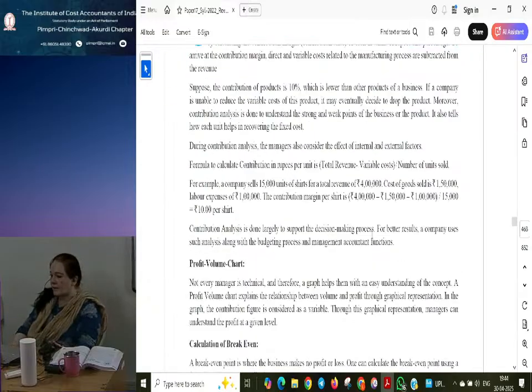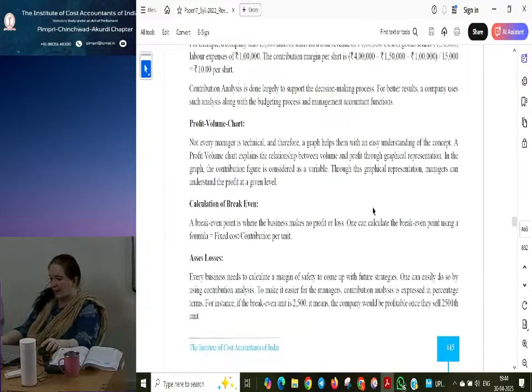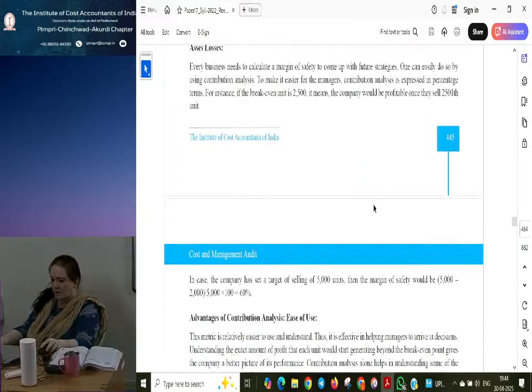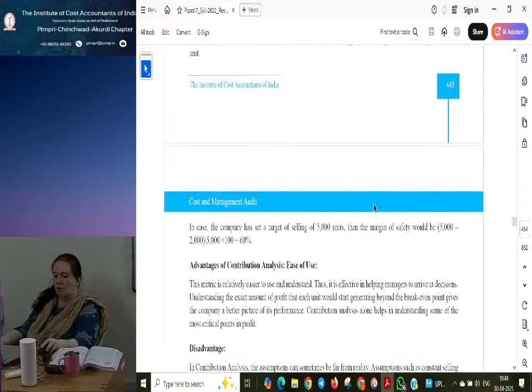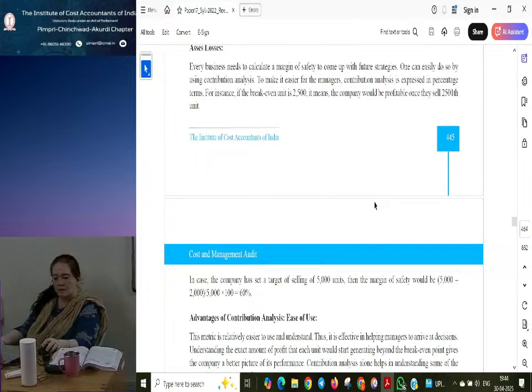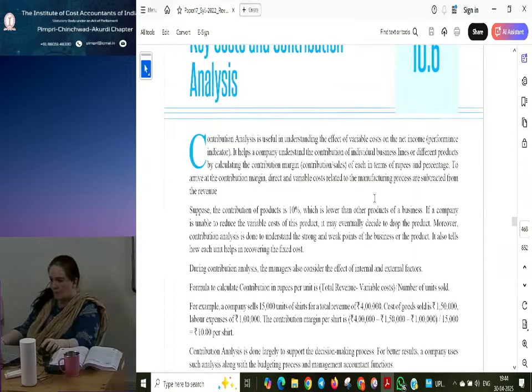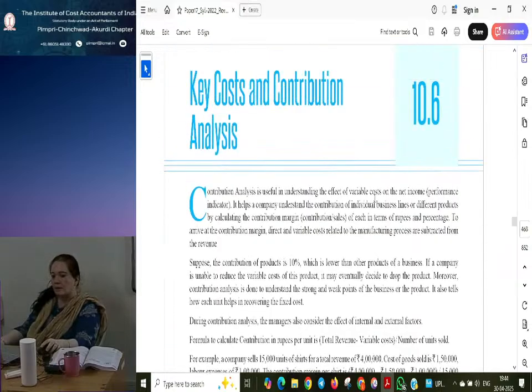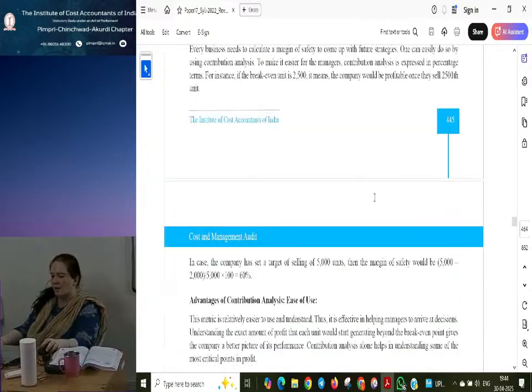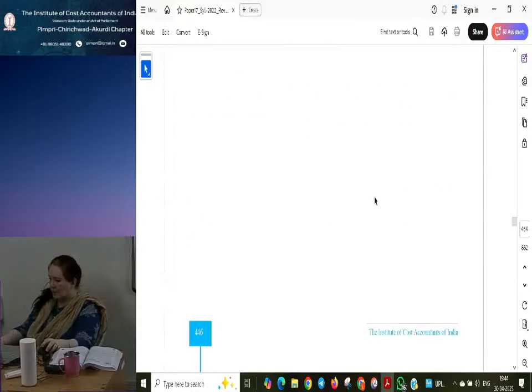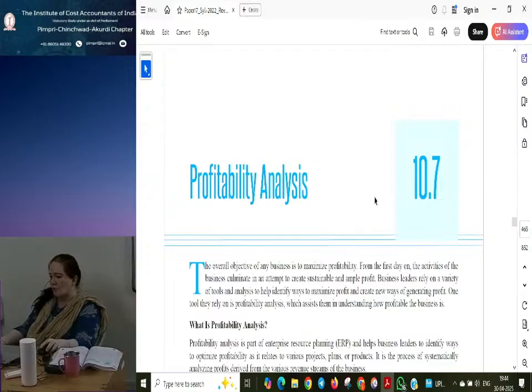These are techniques like the profit volume chart, break-even point calculation, and asset losses, all of which can be gauged, and this is part of key cost and contribution analysis. These are all ratios basically. While we work on problems, that will be more interesting.